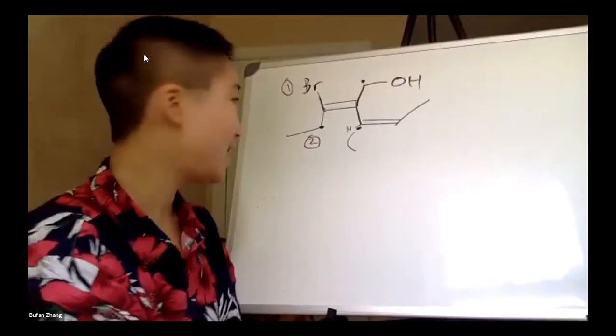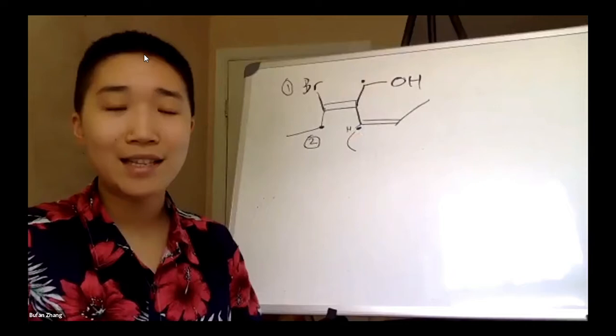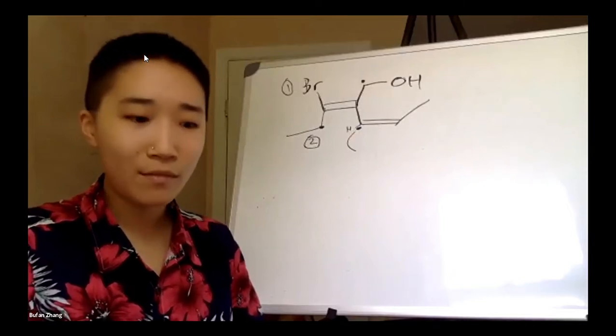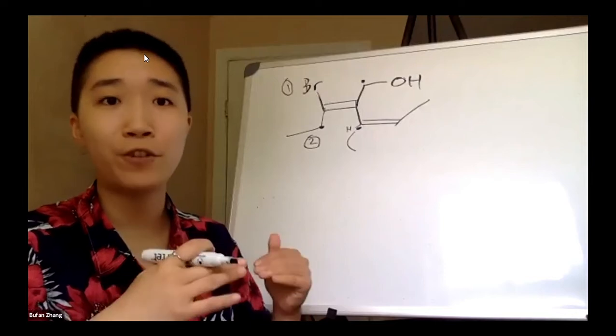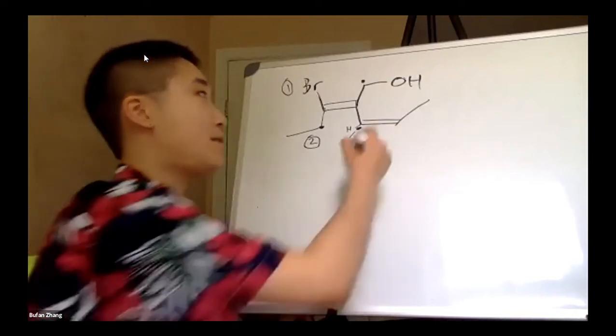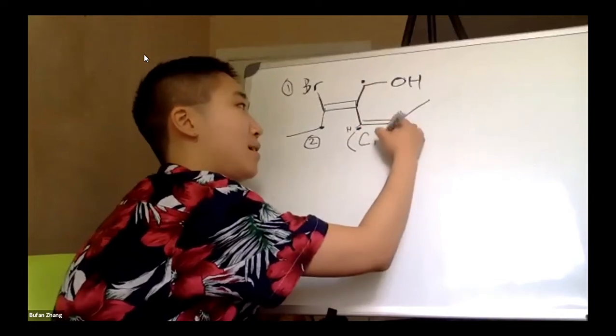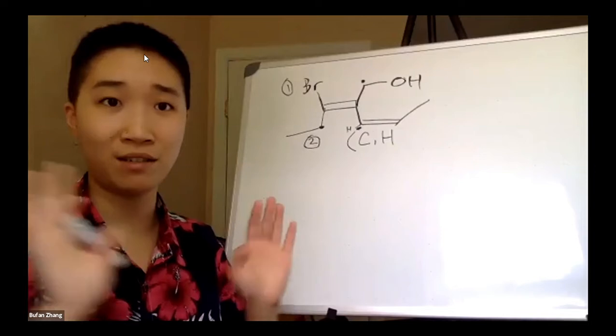So another carbon and another hydrogen. Yes, you're absolutely right, Emma. Thank you. So we're going to write everything that's attached to this carbon in a way such that the higher priority atoms are written first. So we have a carbon and a hydrogen. So I'm going to write carbon, hydrogen. And because this is an sp2 hybridized carbon, I'm not going to write a third thing.